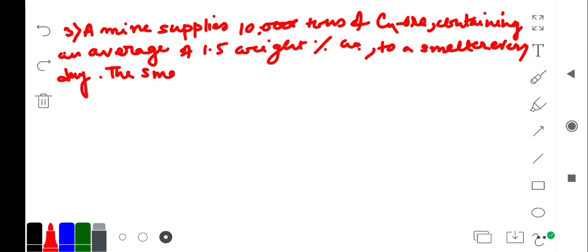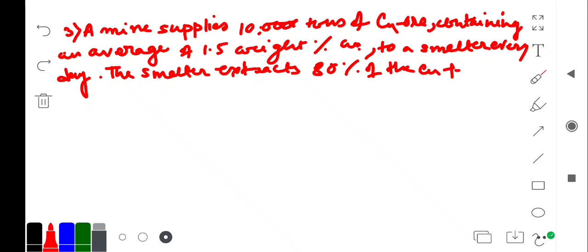The smelter extracts 80% of the copper from the ore on the same day.